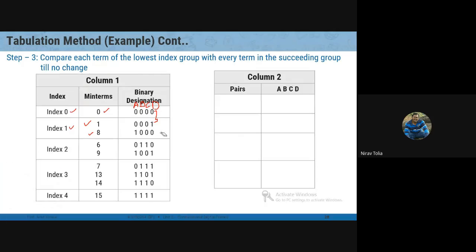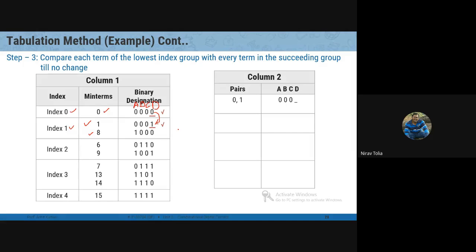So only one bit is changing. So now there is a possibility of combining these two. For 0 and 1, only D is changing. So now these two combine, 0 and 1.